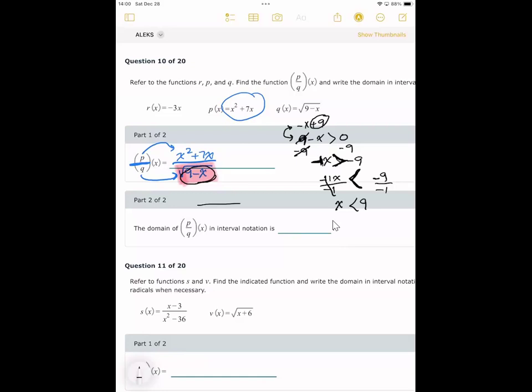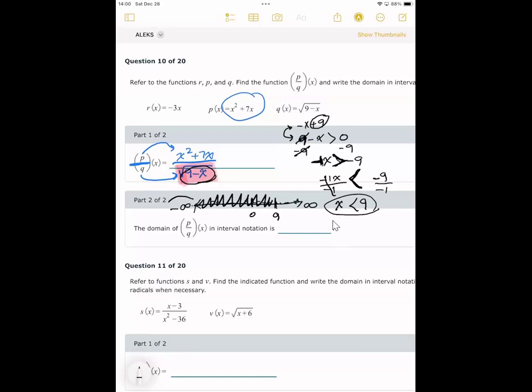How do I write it? Always draw your number line so that you understand it. It's asking you, what are the numbers that you could pick for input? Well, it says pick numbers that are less than 9. So this is 0. 9 is positive, so it's on the right of 0. And it says all the numbers that are less than 9. These guys.